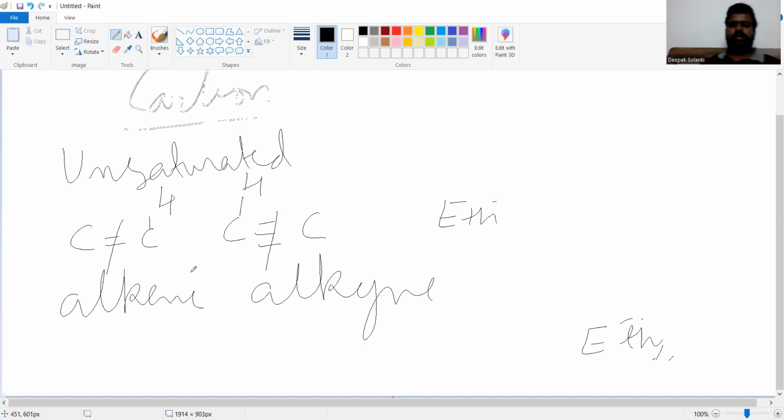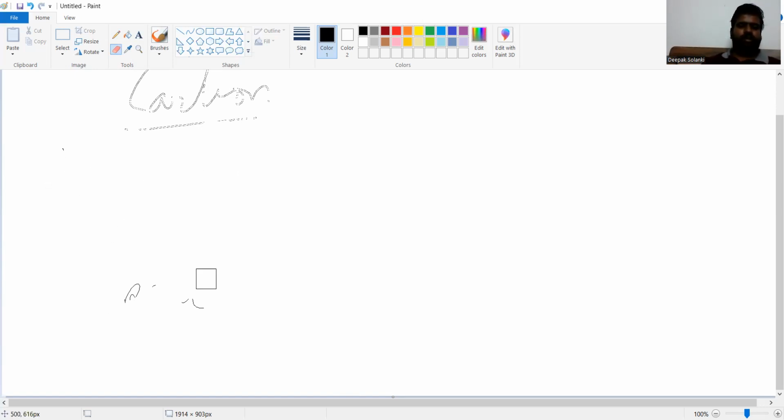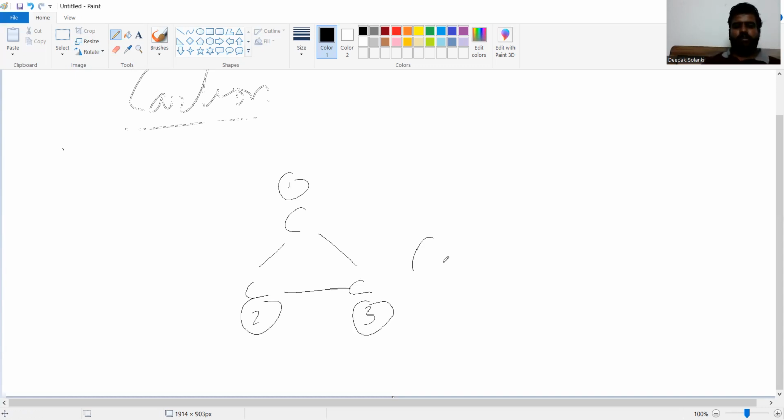Now let's take an example of cyclo compounds. There is nothing special in cyclo compounds. We only have to put the name cyclo as a prefix. So let me take an example of cyclo compounds also, like this C, C, and C. This is a cycle form, and we can number 1, 2, and 3.